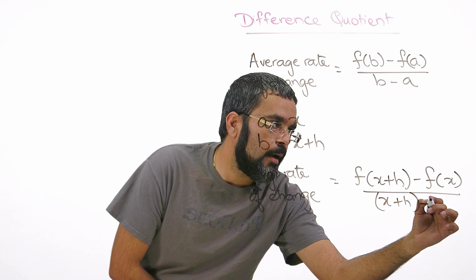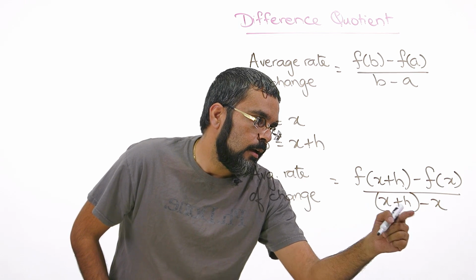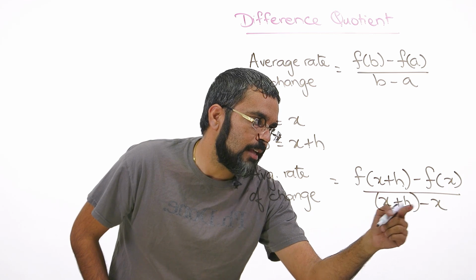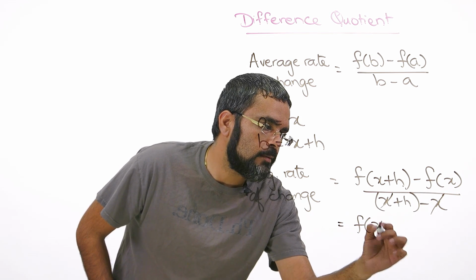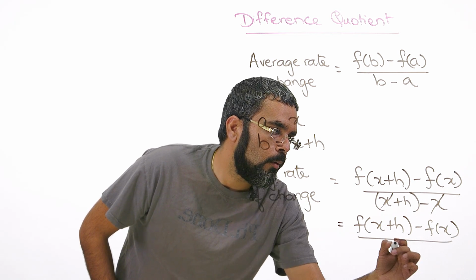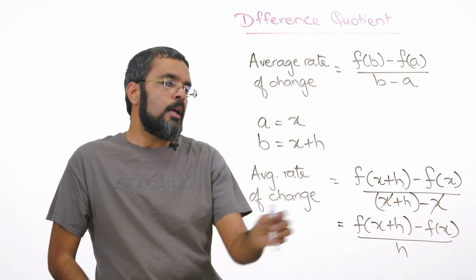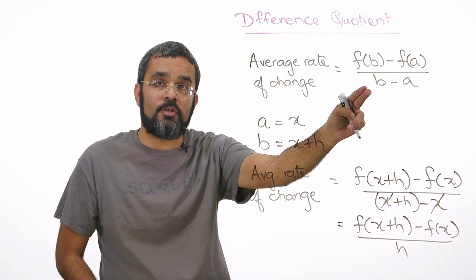h minus x. And so if you look here in the denominator, if I take the parentheses out, it's going to be x plus h minus x, so the x's will cancel out, and this is f of x plus h minus f of x over h, right? So this is what we call the difference quotient, but it is exactly the same thing as your average rate of change.